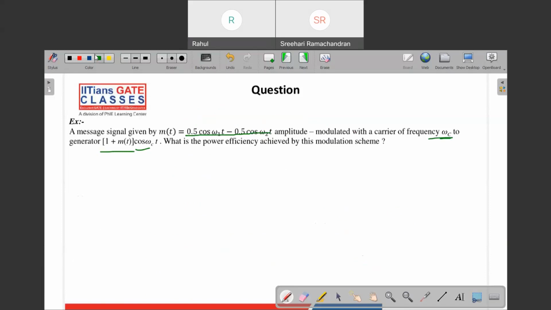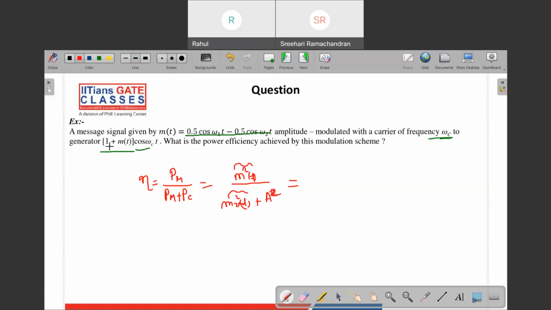In this case, to find the efficiency, we need eta, which is equal to the message power divided by the total, which is the message power plus carrier power, or you can say the mean square value of the message divided by the mean square value of the message plus A square.